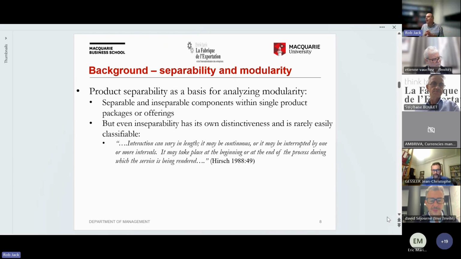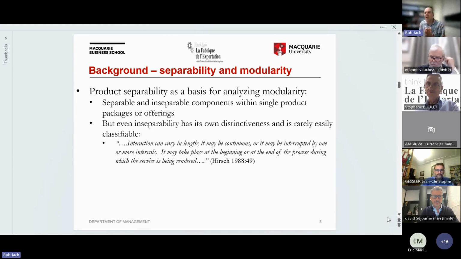Now, where this becomes somewhat complex in terms of delivery is where you have these two components coming together into a single product offering, separable and inseparable components within a single product offering. So goods can be supported by inseparable services, but a service product can also have separable and inseparable components contained in it. And even if you're talking about interaction with a client, it can sometimes be quite distinctive.